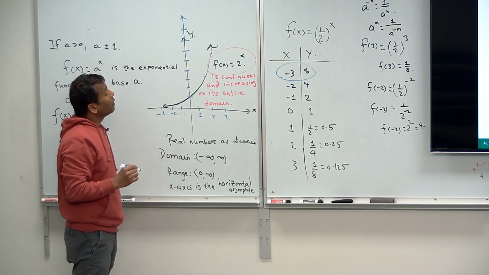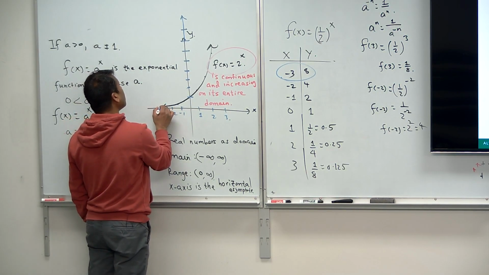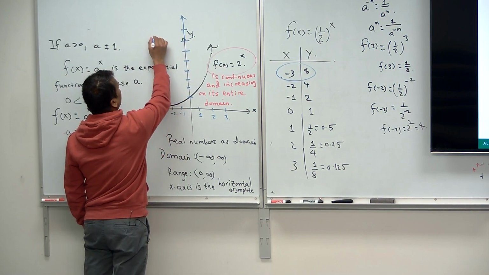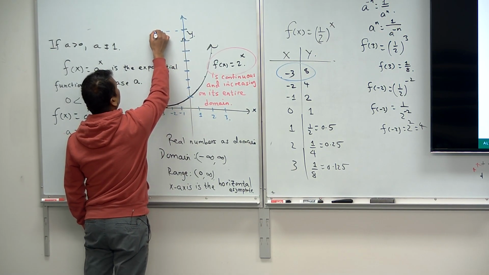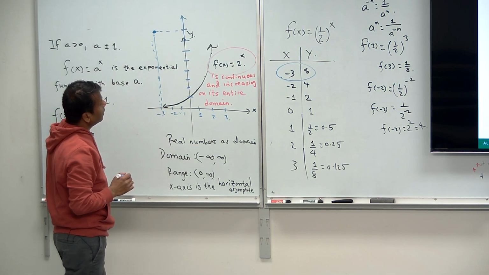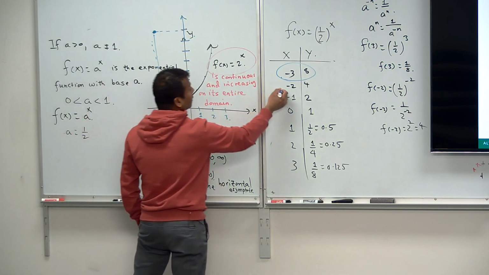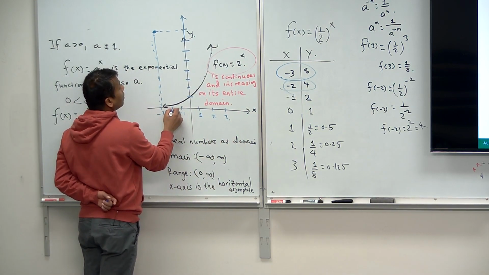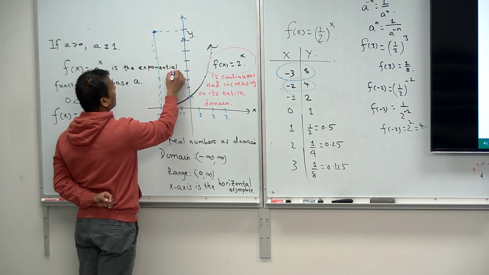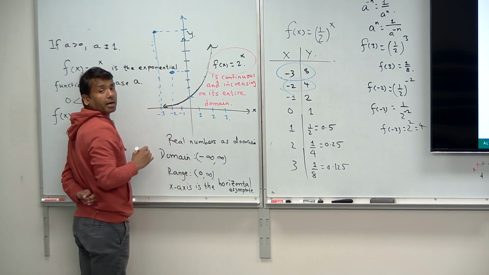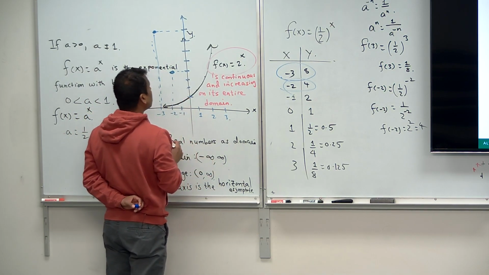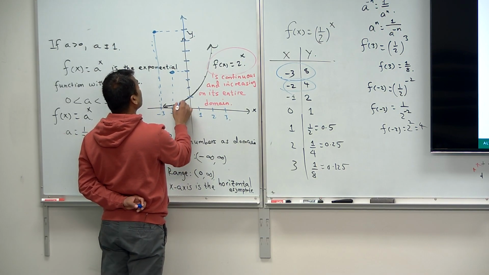So -3 is here, and 8 is here, so this is (-3, 8). And then you have (-2, 4), so -2 and 1, 2, 3, 4 right here. And then you have (-1, 2), right here.